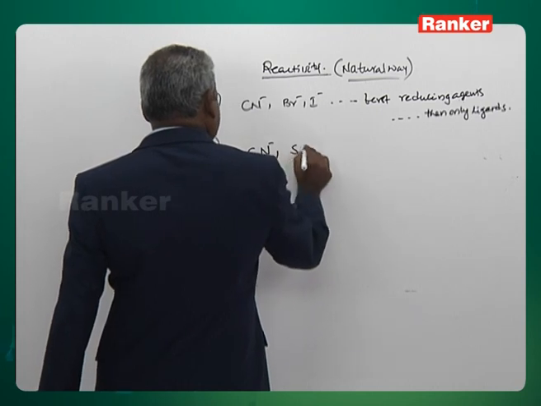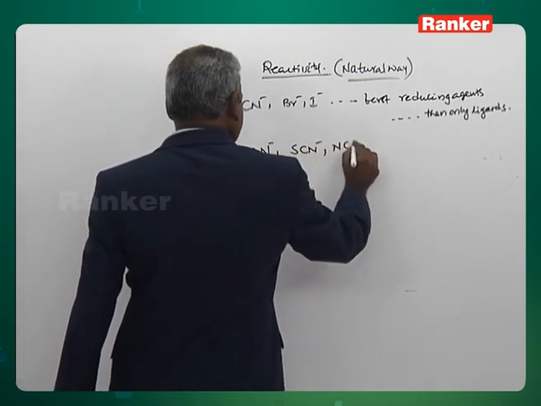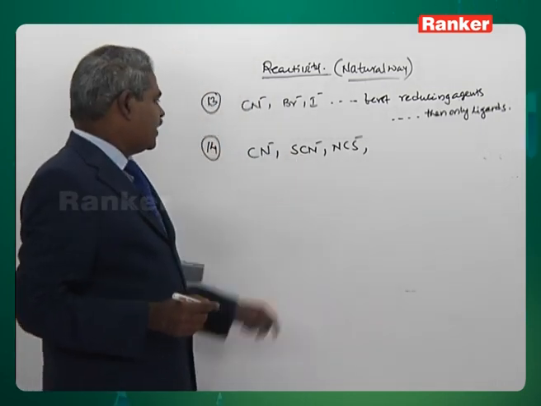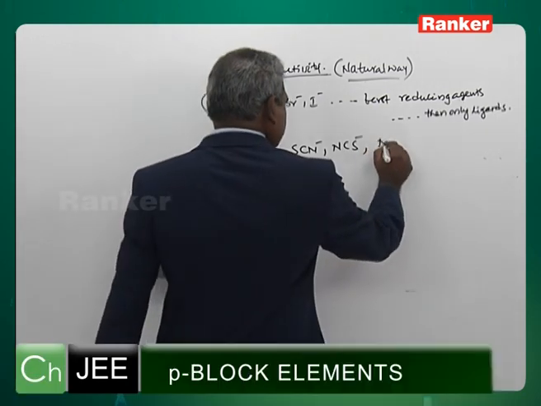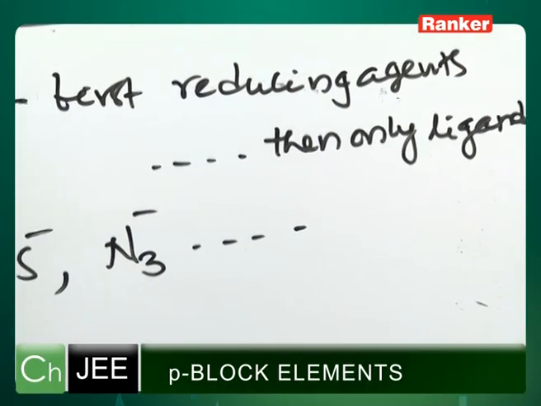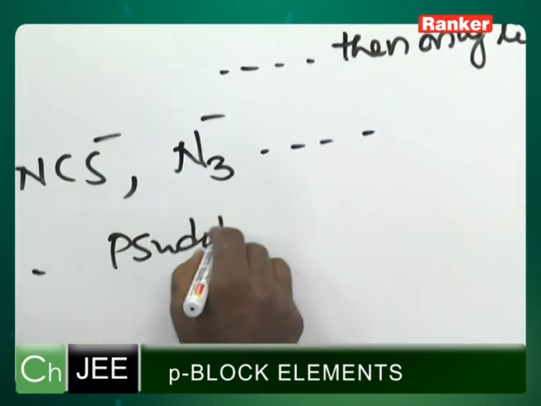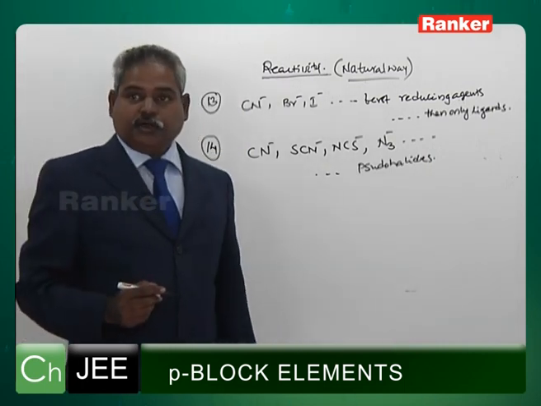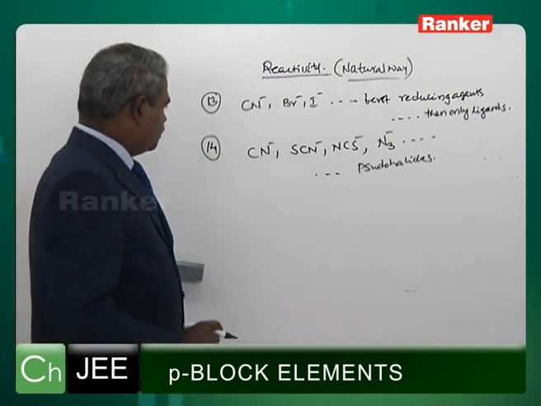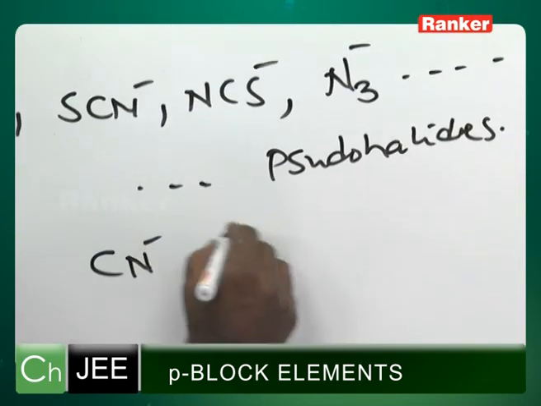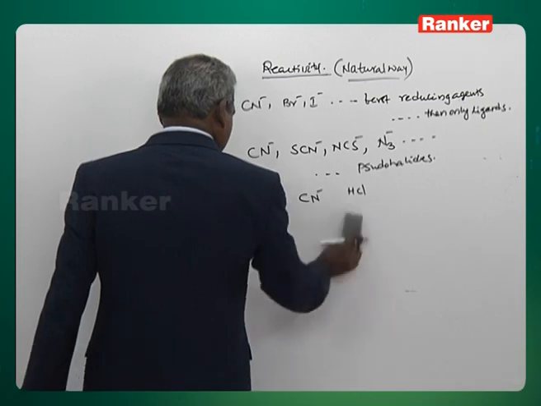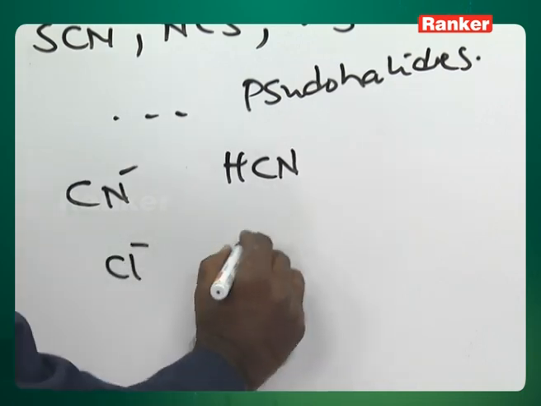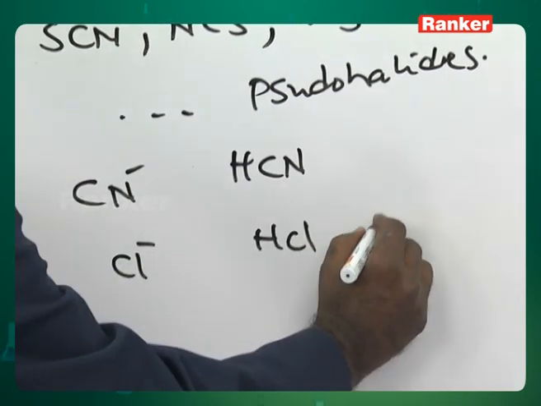CN minus, SCN minus, NCS minus, all permutations, combinations that arise out of this CNS minus, all those things, and N3 minus azide ion, all these are called pseudo halides. Why are they called pseudo halides? Strictly speaking, they are not halogens, but they consider themselves as halogens. CN minus will tell you, sir, I also form HCN, sir. I also form HCN, hydrocyanic acid, a monobasic acid, like Cl minus forms HCl, and Cl minus exists as diatomic.